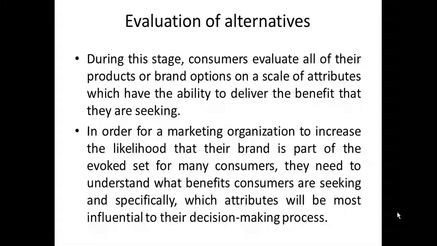Then he has to decide which is the best place to buy from. Okay. During this stage, as you can read there, consumers evaluate all of their products, all brand options, on a scale of attributes. Remember, when you're selling a product or you're promoting a product, you are actually selling attributes, some qualities, right? Some of which are intangible and so on.